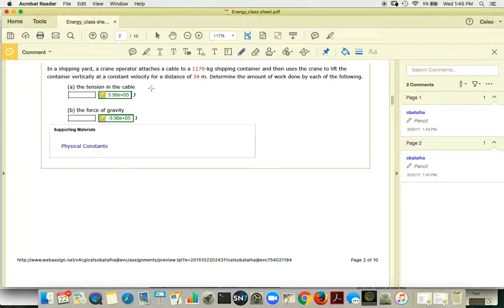In a shipping yard, a crane operator attaches a cable to a shipping container, and that's the mass of it, and then uses the crane to lift the container vertically at constant velocity. If you do a free body diagram, this is your gravity force, this is your tension force, and it goes a distance of 34 meters. The displacement is upward, the tension is upward, and the velocity is constant, meaning the acceleration is zero.